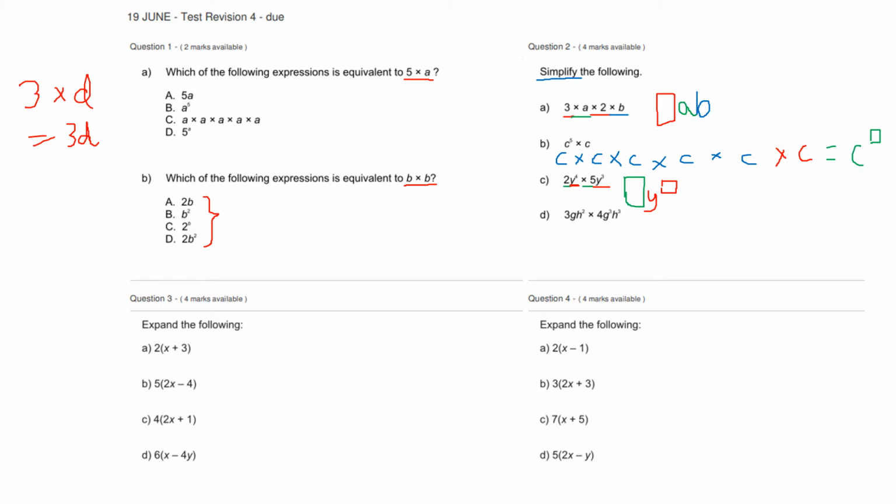The same for D. Do your letters first. So I've got 3 times 4. Write down an answer for that. And then we've got 2 different letters this time, but it still works the same. I've got just a G on its own there. Now I've got G to the power of 3. So that's going to be G, and you need to write down what the power is going to be.